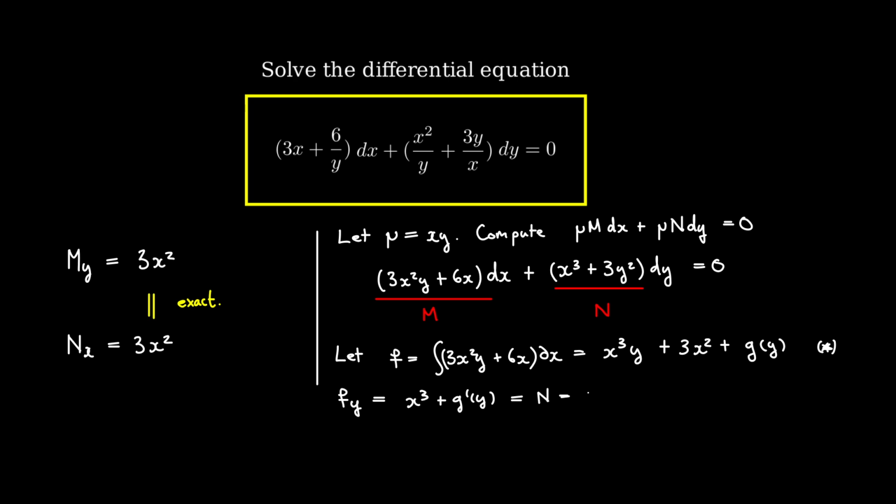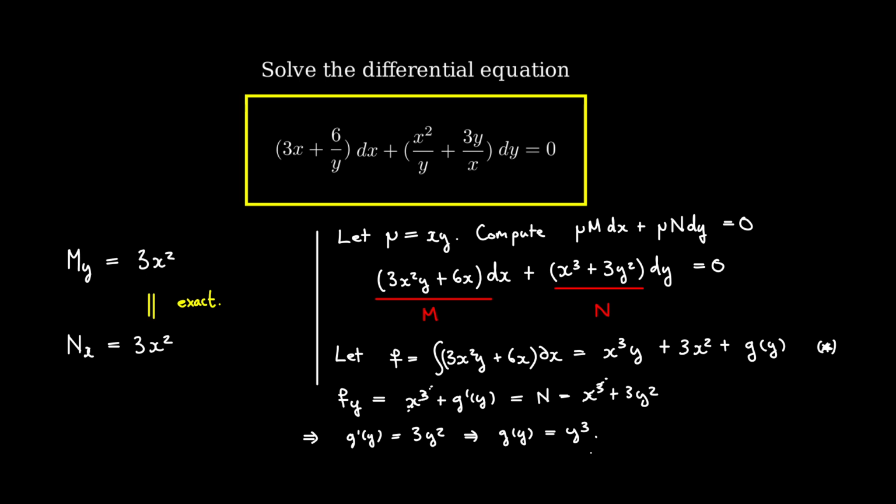And that is going to mean that this is x cubed plus 3y squared. And this will allow us to go a little bit further. We can cancel here the x cubed, and we get g prime of y is equal to 3y squared, so that g of y is equal to y cubed.